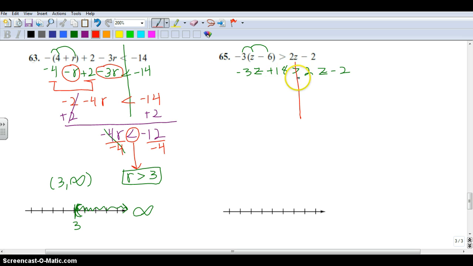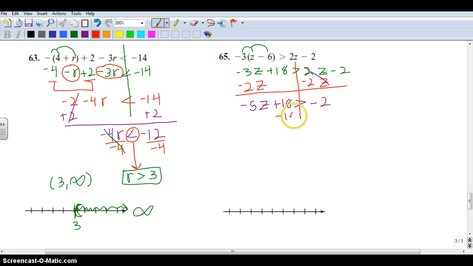Since we've had the z on the left side the whole time, and I told you about that trick about how you shade the way it's pointing, the variable has to be on the left side, so I should stay with that pattern in case you're going to use that to assist you on these problems. So here we go, cross that out, so we get negative 5z plus 18 is greater than negative 2.